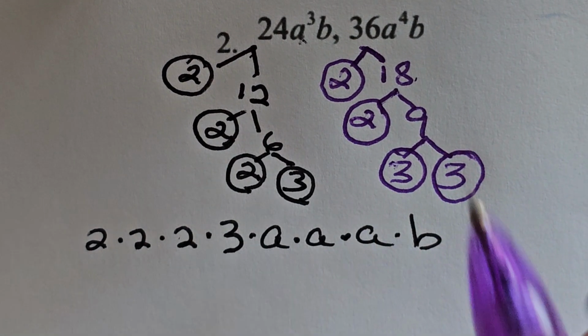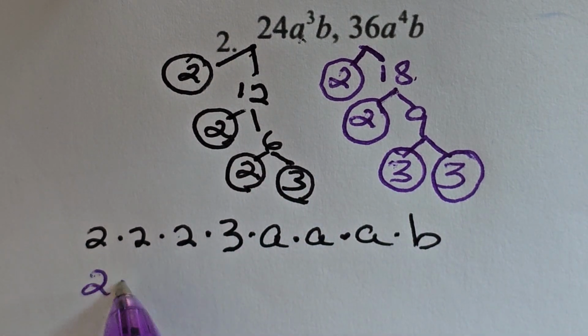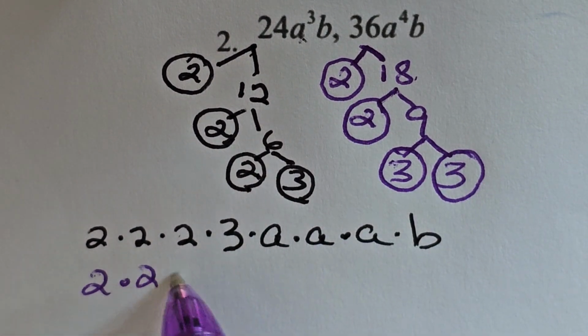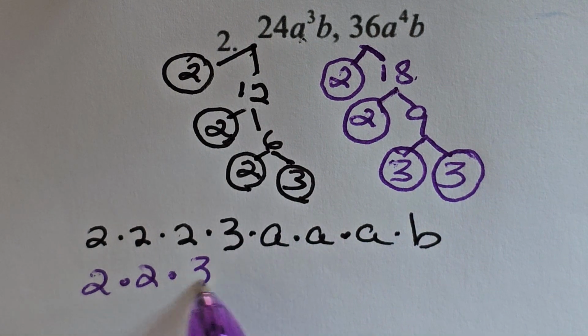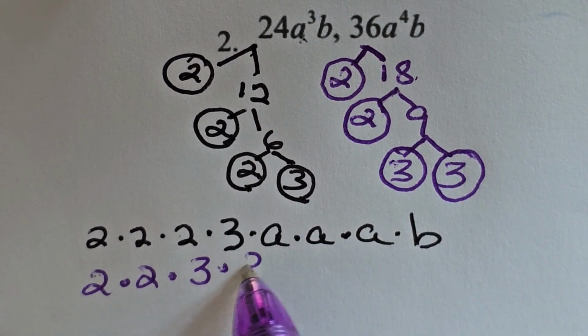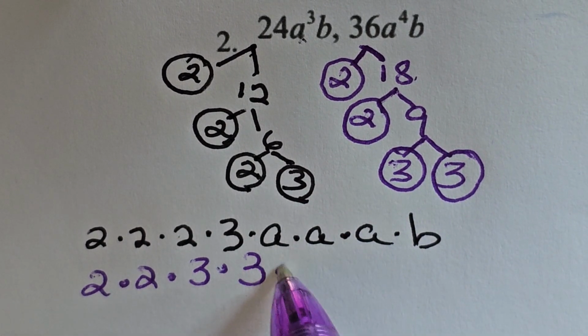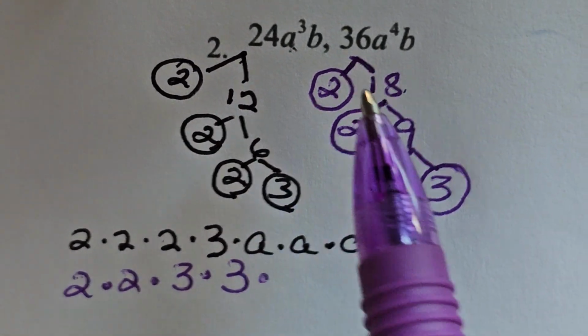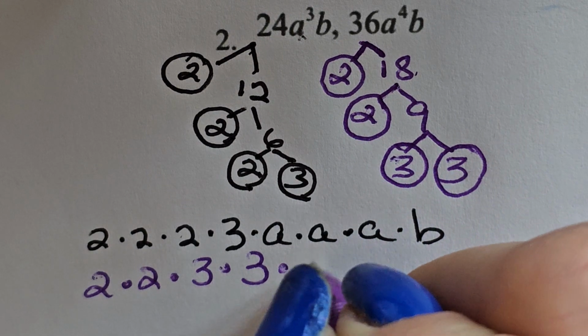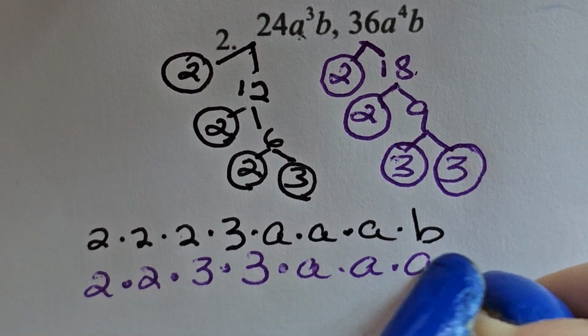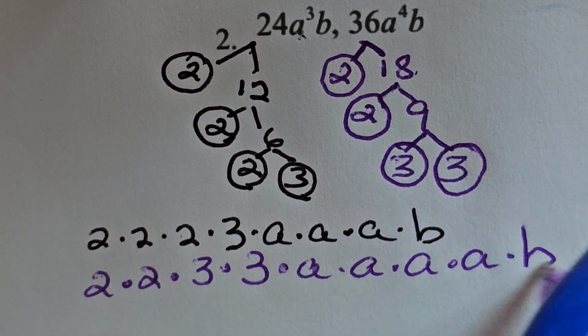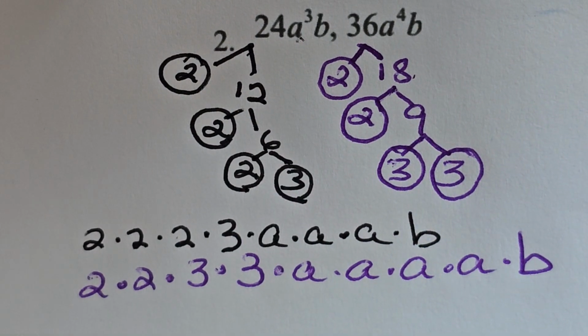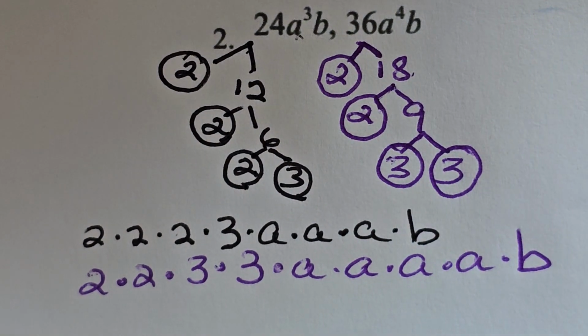So now 2 times 2 times 3 times 3, times, and then we've got, like I said, a to the 4th, so we have to write 4 a's. 1, 2, 3, 4, and we have 1 b, okay?